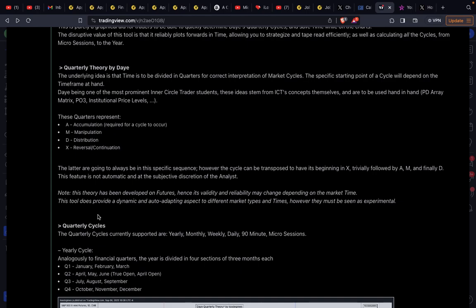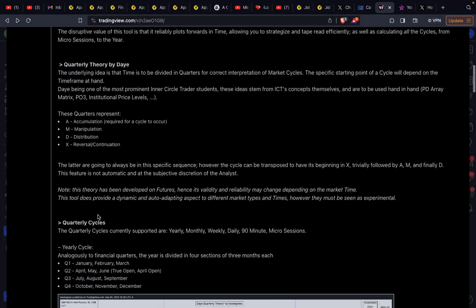This feature is not automatic and at the subjective discretion of the analyst. Note, this theory has been developed on futures, hence its validity and reliability may change depending on the market time. This tool does provide a dynamic and auto-adapting aspect to different market types and times. However, they must be seen as experimental.